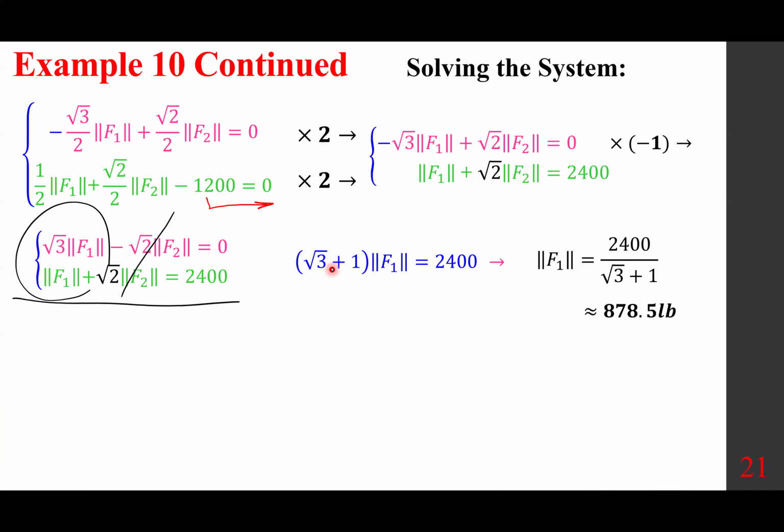And now you put that into either equation 1 or 2, makes no difference. If we put this into equation 1, and we're going to use the exact answer, we get minus square root of 3 over 2. Always go with the original equations, okay?